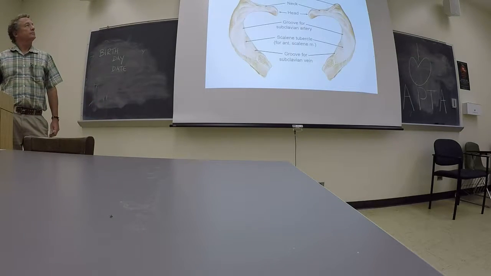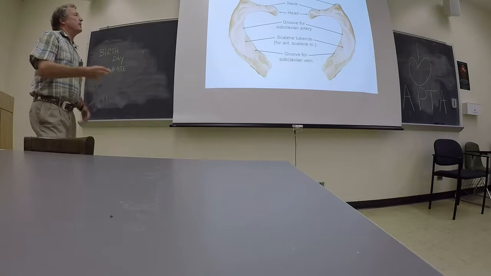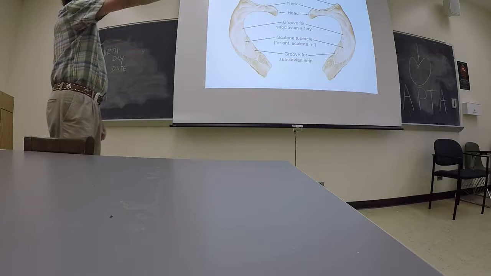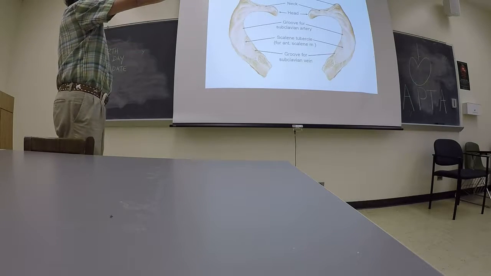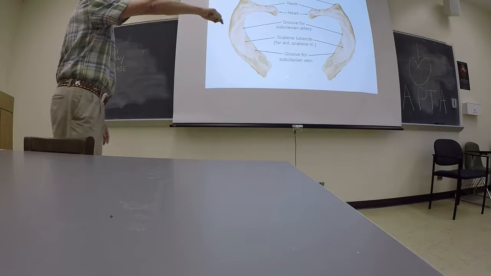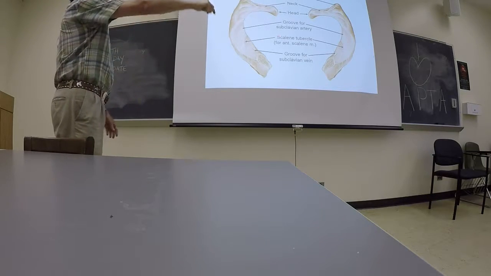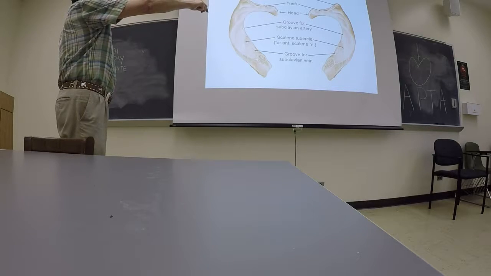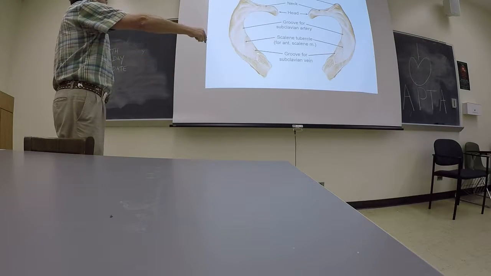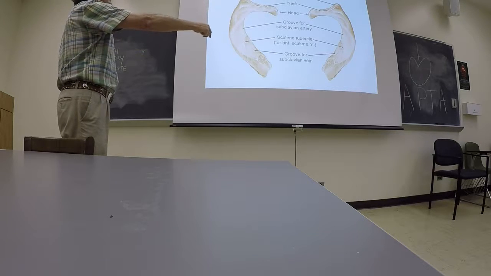So here's a top view of the first rib. Like most ribs, it has a head, and then a neck, and then a tubercle, and then a body that loops around here. But it has some extra grooves. There's a groove for the subclavian artery up here, a little bump there where the anterior scalene attaches, and then a groove over here for the subclavian vein.